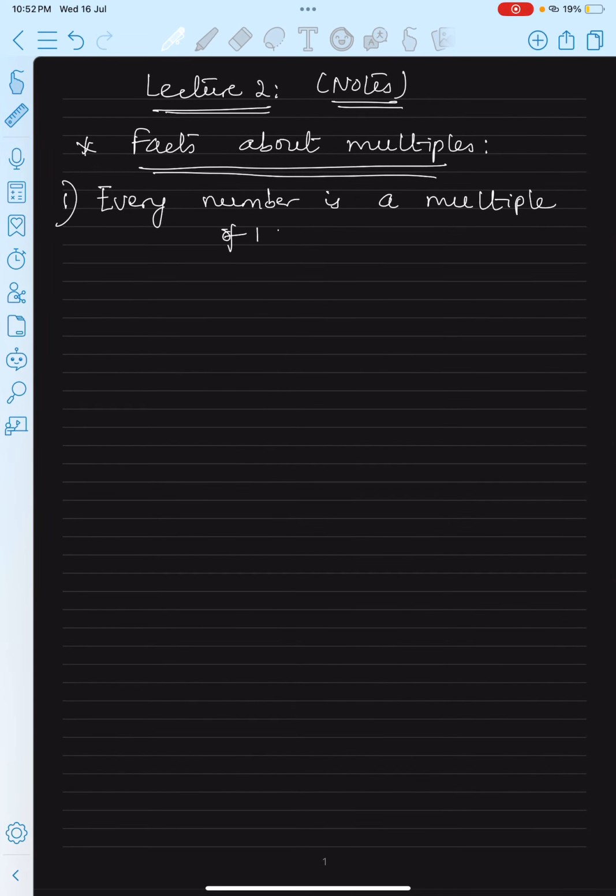Okay, that is very simple. If I give you an example that 7 is a multiple of 1, then in mathematical way, how will I write? 1 sevens are 7.